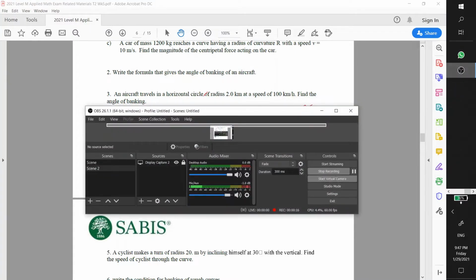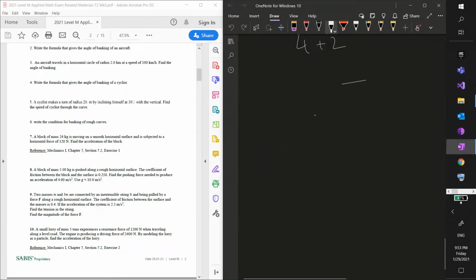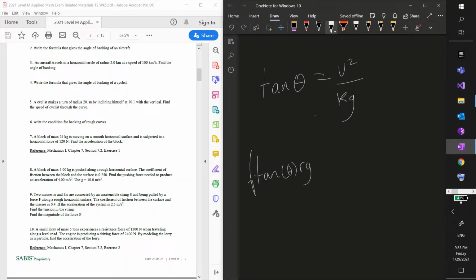And yeah, we're done. Okay, so question 5 says, a cyclist makes a turn of radius 20, inclining himself at 30 degrees with the vertical. Find the speed. Okay, tan theta is v squared over rg. Cross multiply and take the square root. You get this. And now you can simply substitute the values.